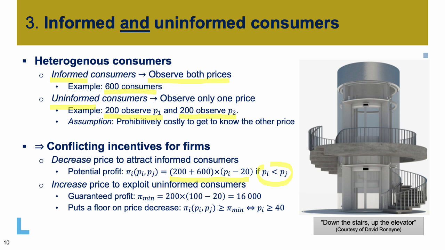You also know that there is a guaranteed profit you can make, in the sense that you just concentrate on your 200 consumers, you set the largest price they're willing to accept. Obviously, you face the cost per unit of 20, but if you do so, you're guaranteed a profit of 16,000. Now, you don't want to go below that. So the minimum Pi that you're willing to set is such that you can have a profit larger than this.